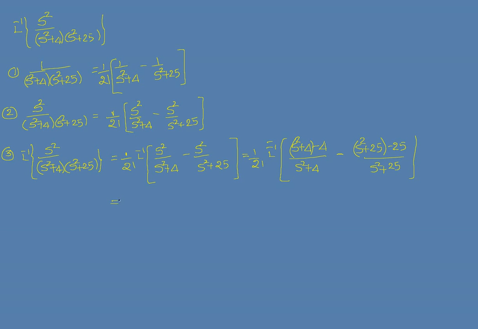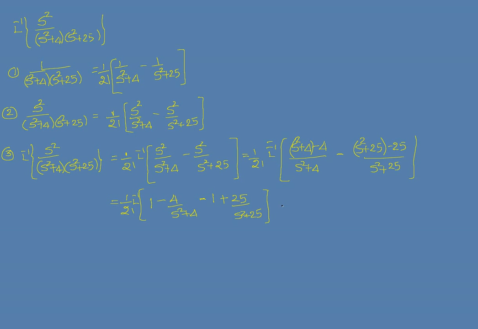That is nothing but equal to 1 by 21 into L inverse of, s square by s square plus 4 means 1 minus 4 by s square plus 4, minus s square plus 25 by s square plus 25 means 1, minus into minus gives plus 25 by s square plus 25.